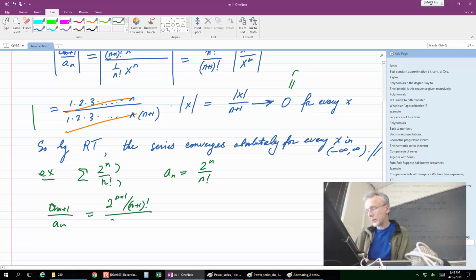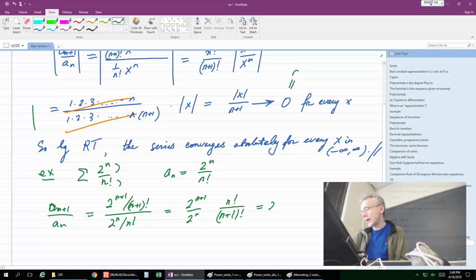Similar computations altogether. I have 2 to the n plus 1 over 2 to the n, times n factorial over (n plus 1) factorial, and we are pretty much in the same place. There is a cancellation. I have 2 and I have 1 over n plus 1. Once again I have limit equal to 0. It is exactly the same example as above, except x is missing, and so we have an explicit formula, and 2 divided by n plus 1 gives me 0.